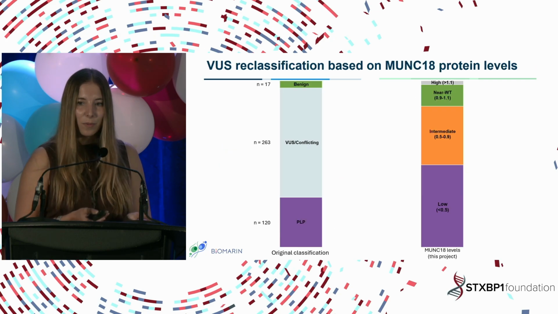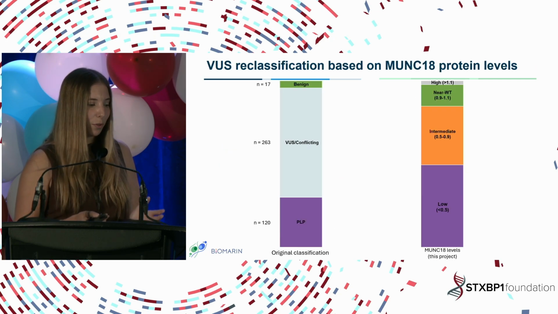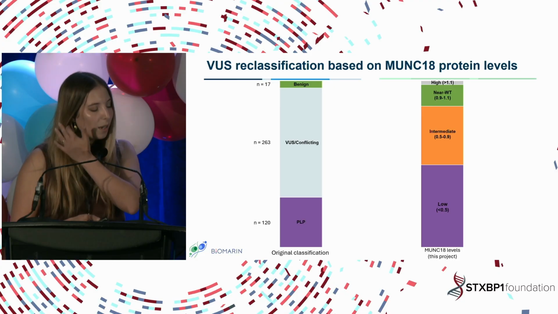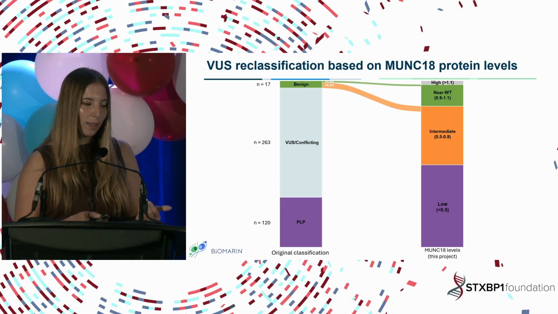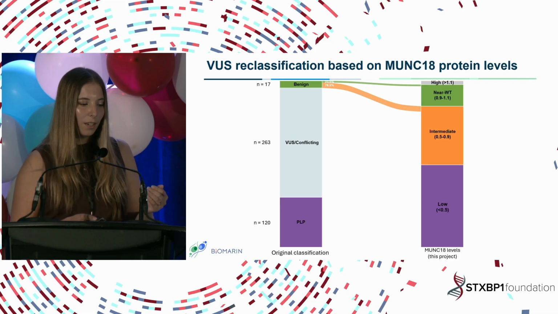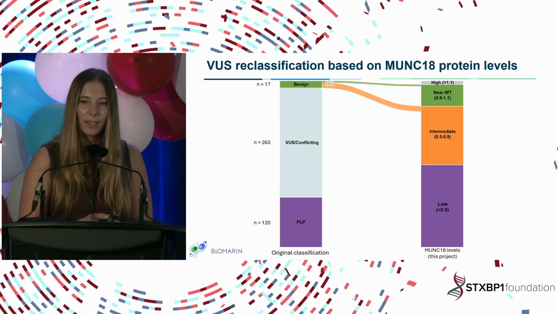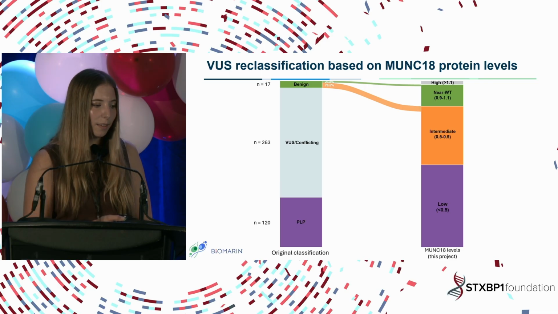So if I summarize all of the data that we have produced and that I have shown, we started with 17 variants, and all of them had either MONC18 levels very close to wild type or in the intermediate cluster, but we did not find any benign variant with low levels of MONC18.